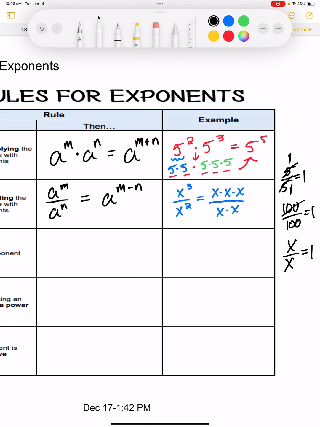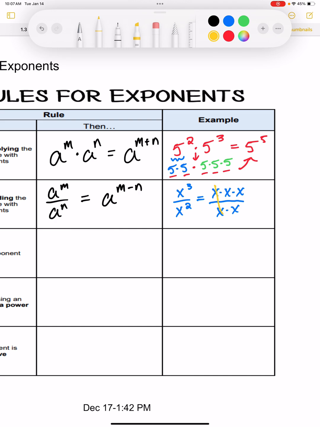Or you can think of it as reducing, however you like to think about it, but regardless, it's going to equal 1. So that means x divided by x, these two can reduce to 1. These two can also reduce to 1. I like to think about them as canceling each other out, but that's just jargon talk. Regardless, they're reducing to 1.